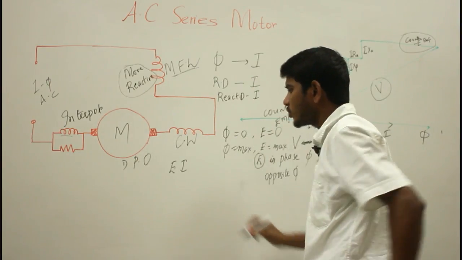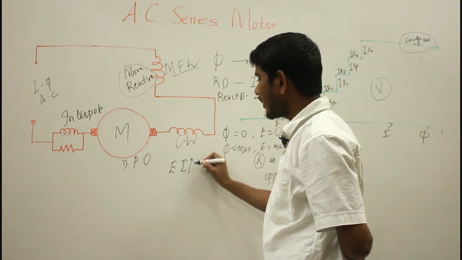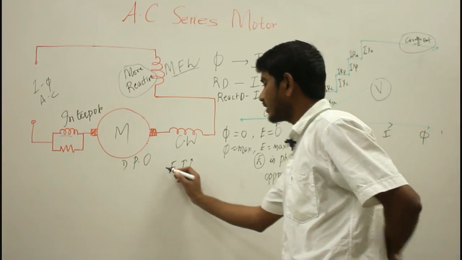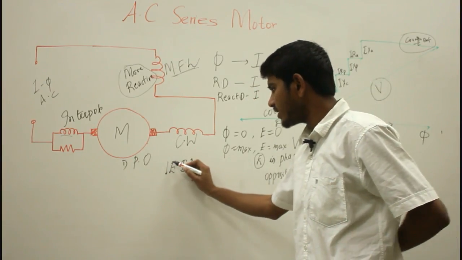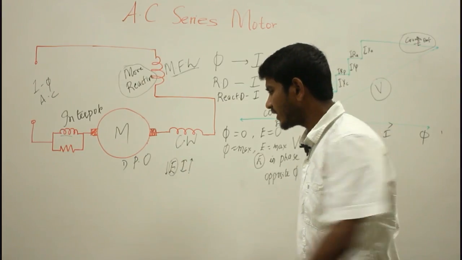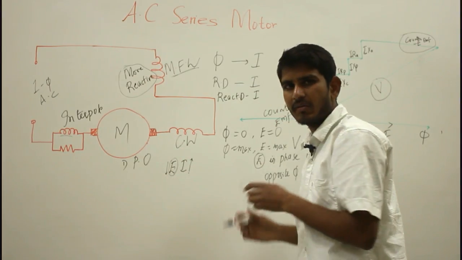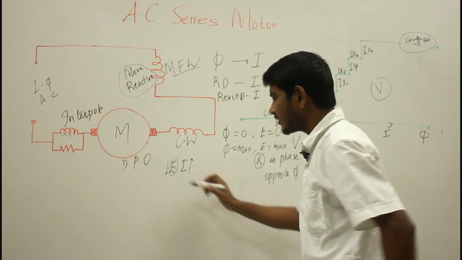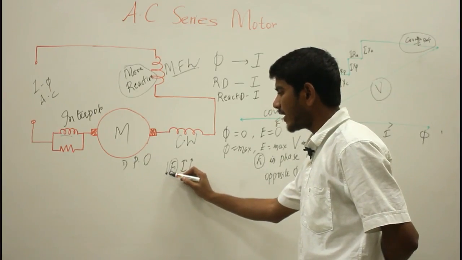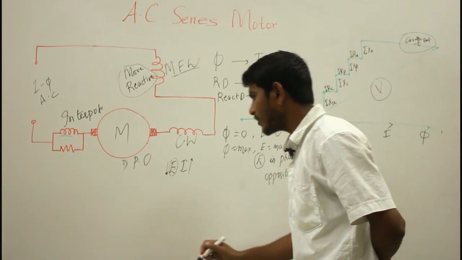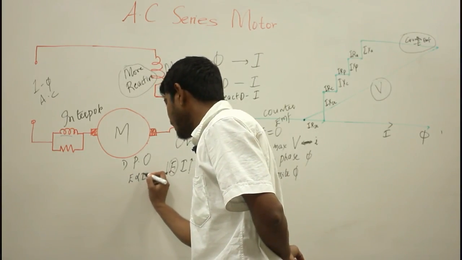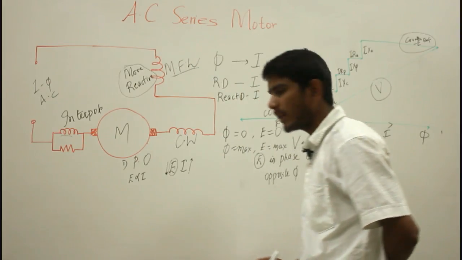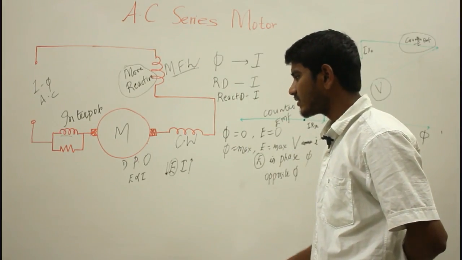Here, as you increase the current I, there will be a decrease in the counter EMF, but compared to the magnitude of this EMF, the decrease in the value of E is very small. So you can neglect the decrease in the value of E as compared to the magnitude of E. Thereby you can consider that E is proportional to I.